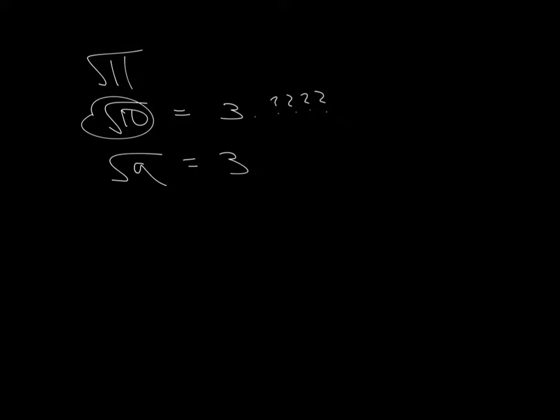Well, let's see. Is the square root of 10 a number bigger than 3? What's the square root of 9? 3. So the square root of 10 is going to have to be bigger than 3. So it's going to be 3 point something something something. Okay? What's the number after the square root of 10? Square root of 11. But they're saying doing this without a calculator, so we don't even need to do that.